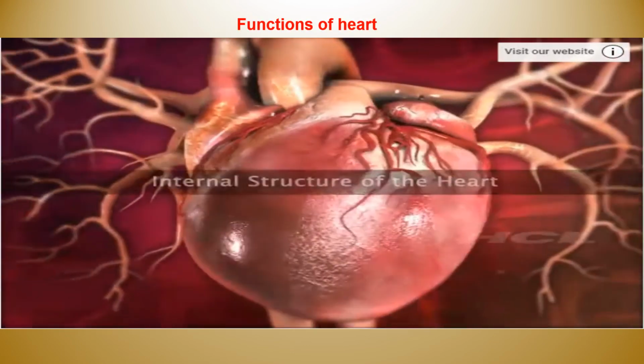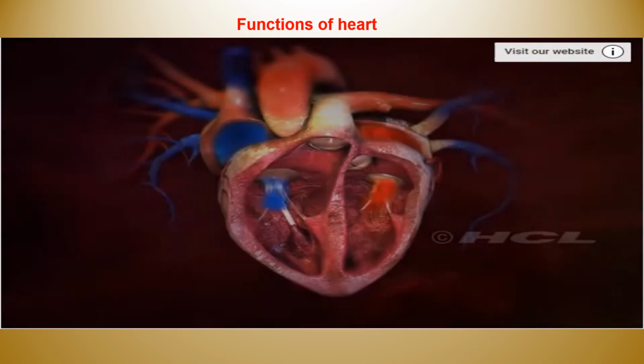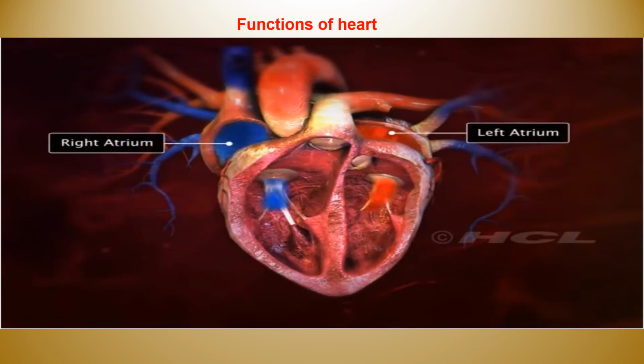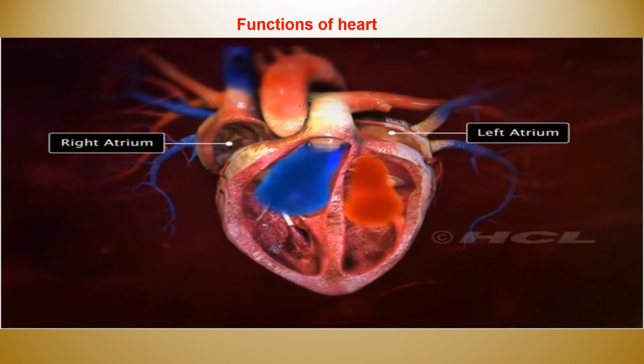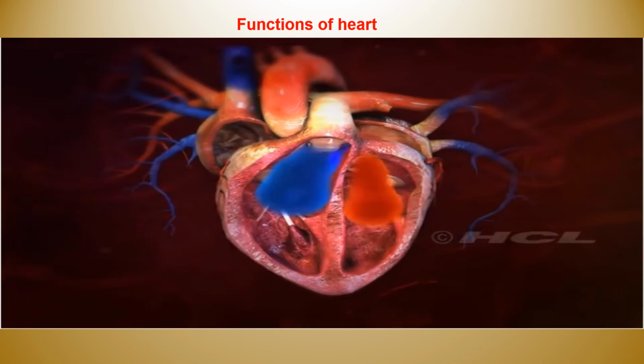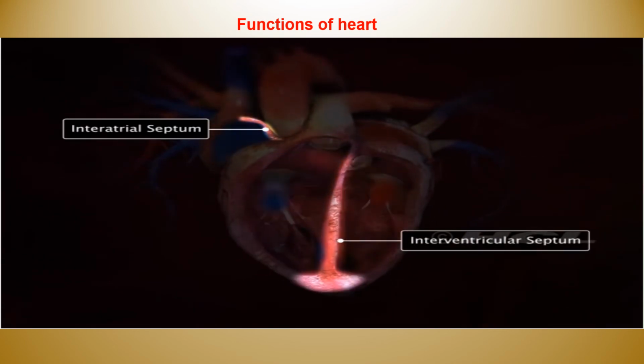Now let's see the function of the heart. The heart pumps blood all over the body. Internal structure of the heart: the heart has four chambers, right atrium, left atrium, right ventricle and left ventricle. The four chambers are divided by the interatrial septum and interventricular septum.